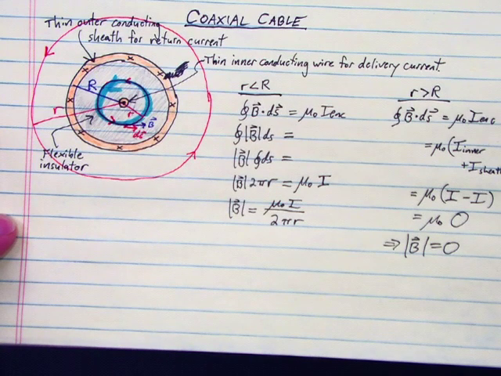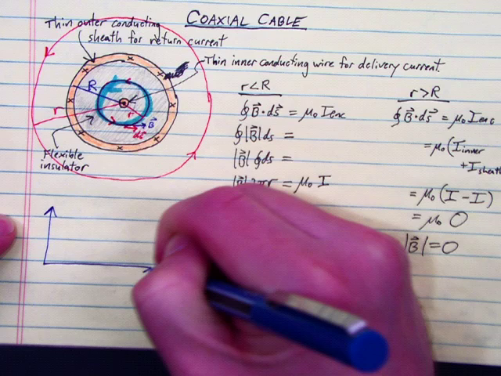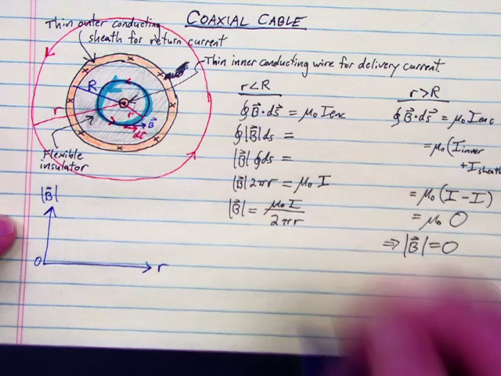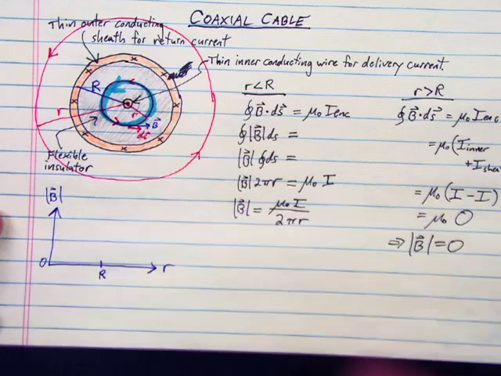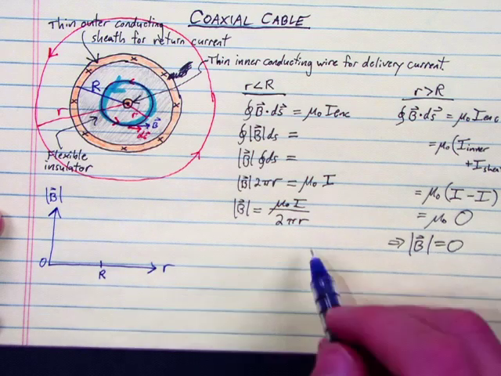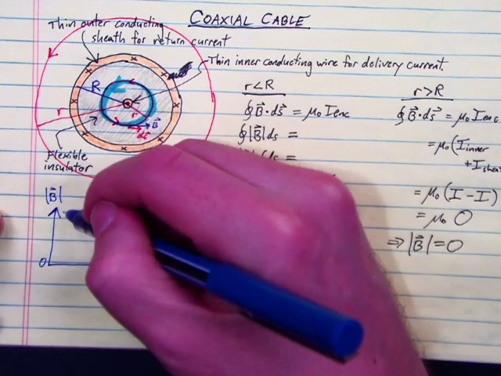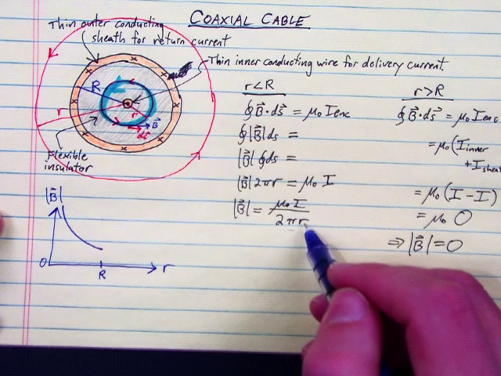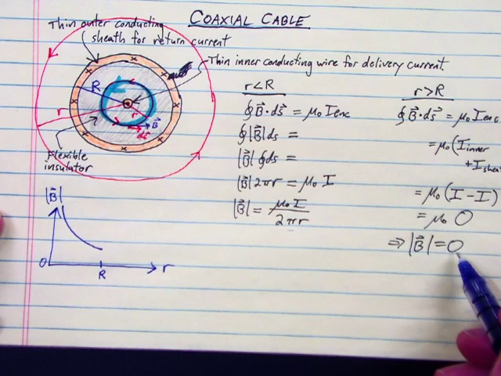Graphing those results. B as a function of distance from the center of the inner wire. There is big R, the radius of the sheath. So we have this function for r less than big R. So that function, and as soon as little r equals big R, and we go outside of the sheath, then the total current enclosed is 0.